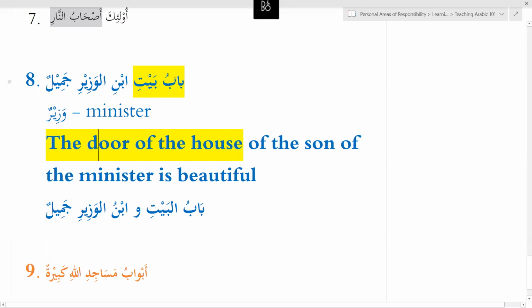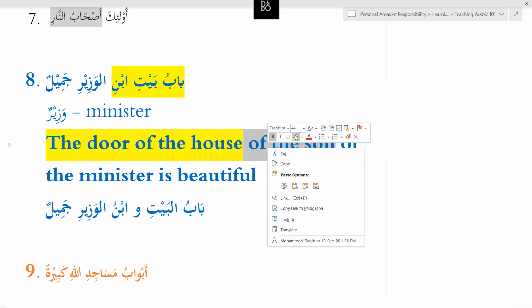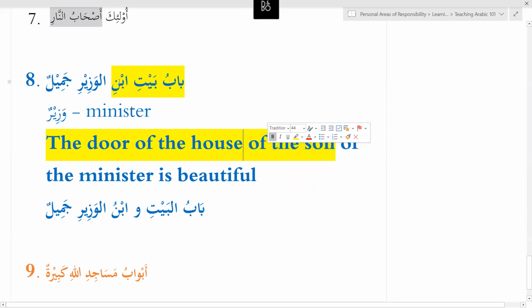So the door of house. Now it is Baiti Ibni. This also follows the rule. There's no al, there's no tanween, and Ibni has kasra. So this is another of, the second of, of the son. Now I have Ibni al-Waziri.